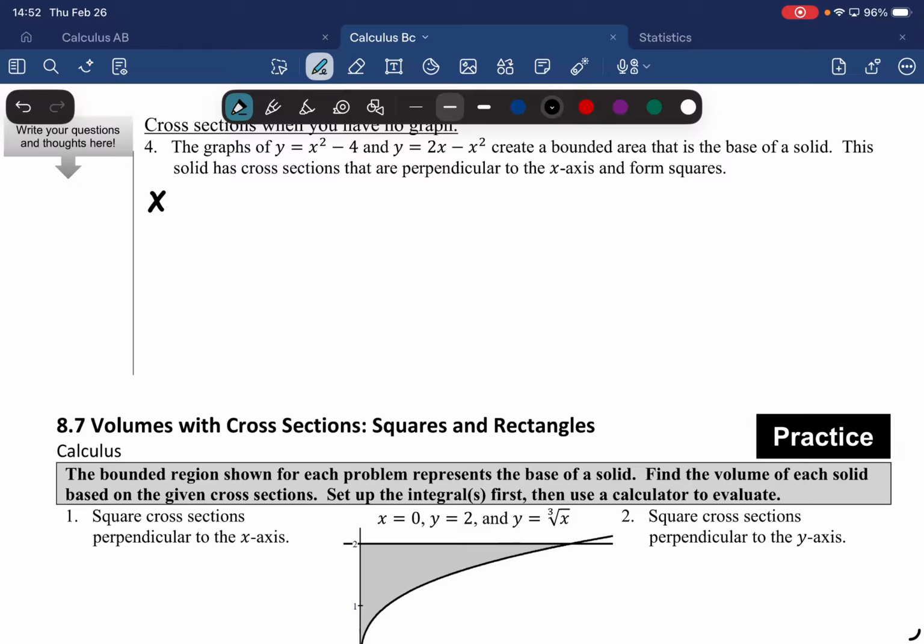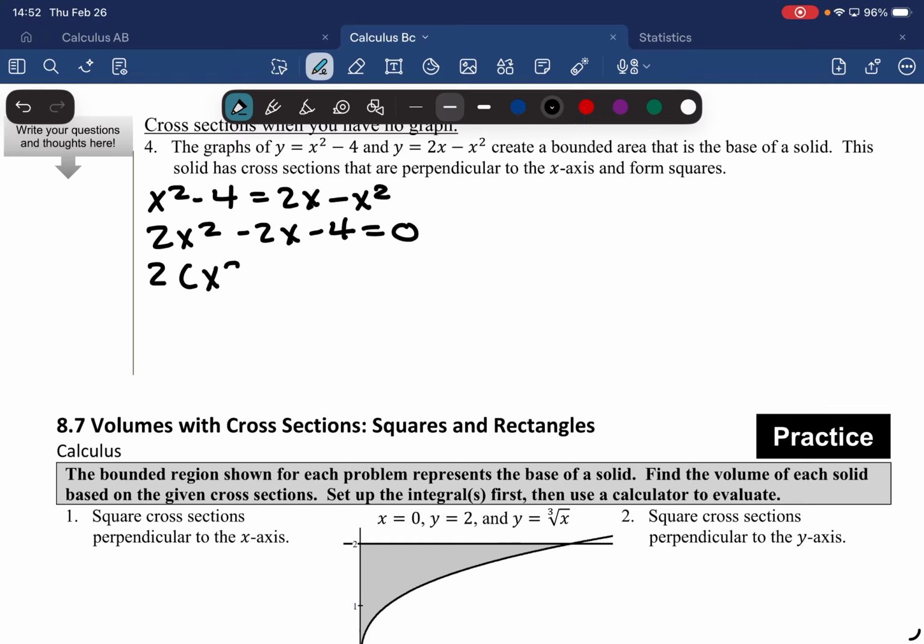So I have x squared minus 4 is equal to 2x minus x squared. I'm going to move the x squared over to the left and then subtract 2x over to the left. So I have 2x squared minus 2x minus 4 equals 0. Okay, I can take out a GCF of 2.